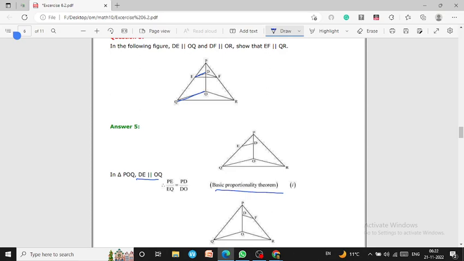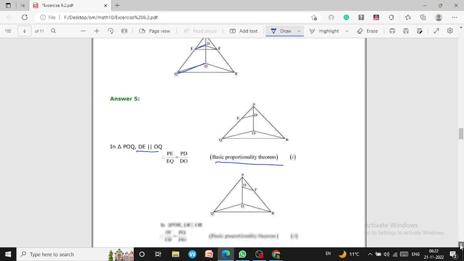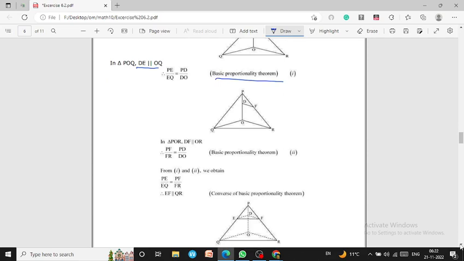Now the right side. We have given, in triangle POR, DF parallel OR, and according to BPT theorem PF over FR is equal to PD over DO.